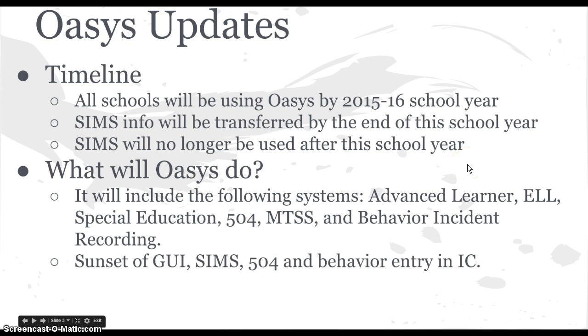OASIS will include a lot of functions, including systems for advanced learners, English language learners, special education documents, Section 504 documents, multi-tiered systems of support, and behavior incident recording. We'll also see the sunset of GUI, SIMS, and the use of Infinite Campus for 504 and behavior entry.